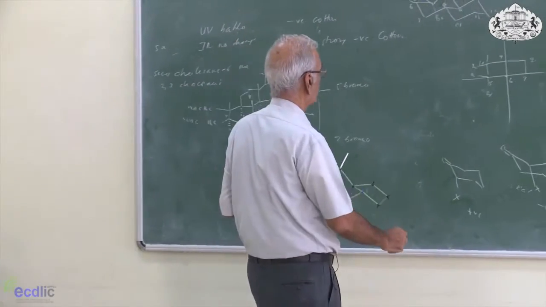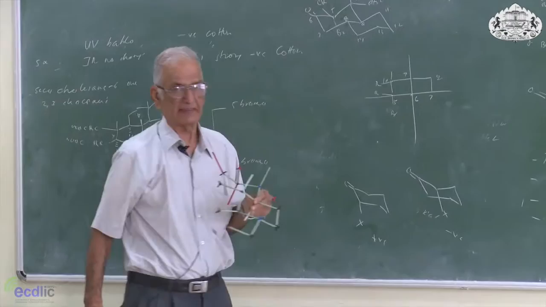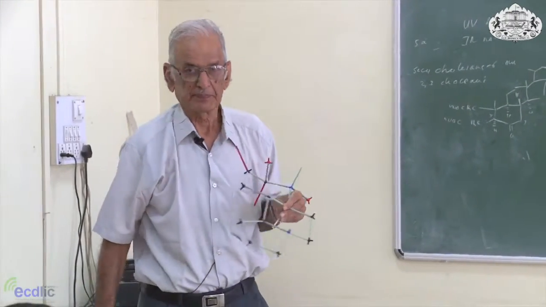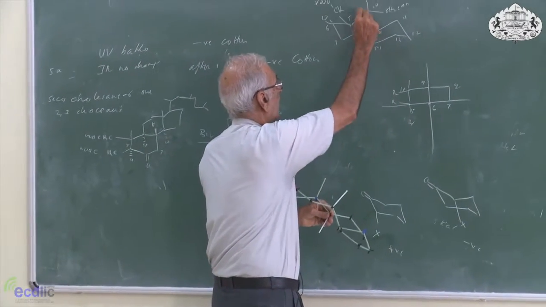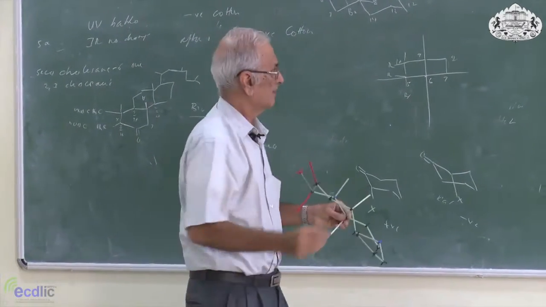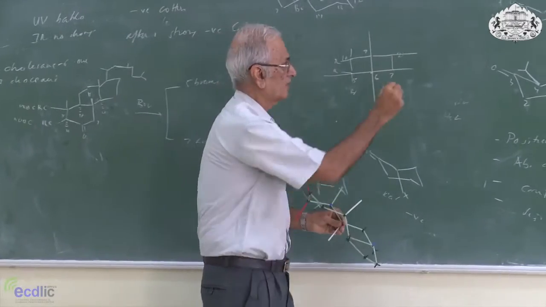How are you going to draw the other bonds? How is the bond from 8 to 14? Is it equatorial? Is it axial? Hydrogen is axial, 8-14 bond is equatorial. So, the equatorial bond is always like this. That is your 14 bond.